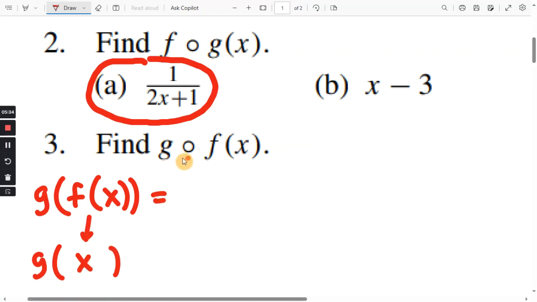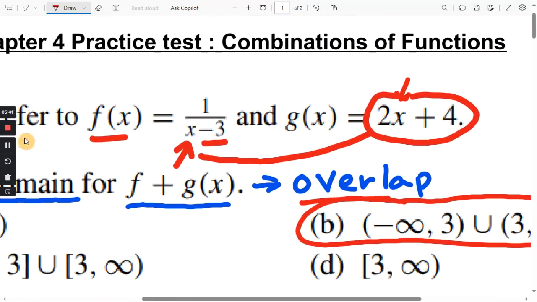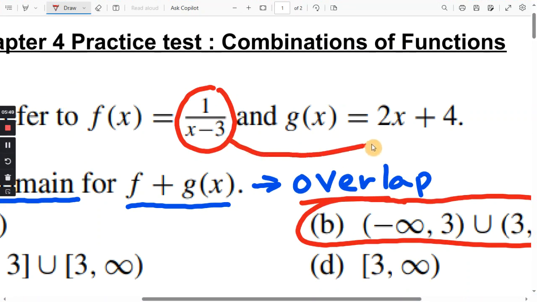So let's look at the g function now. We're going to take f of x, which is this here, and plug it in place of x in the g function.